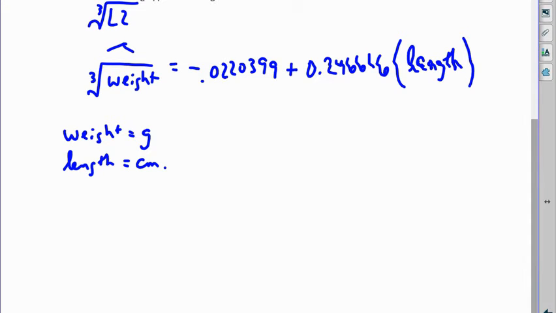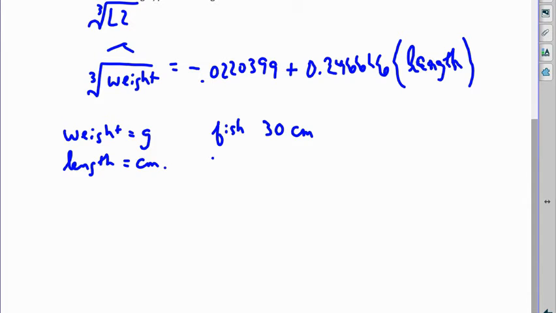And so then we could use this model to make a prediction for, for example, a fish that was 30 centimeters long, which would be appropriate for within our data. We could make a prediction of what the weight would be.